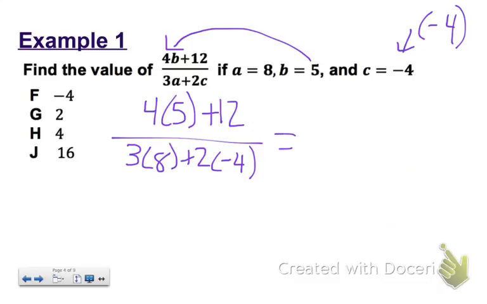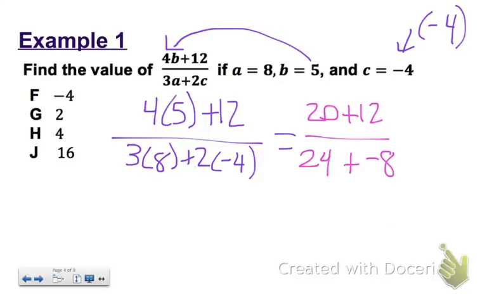Alright, the trick with fractions is that you have to simplify the top and simplify the bottom before you can combine. The first thing that I want to do is multiply before I add. So 4 times 5 is 20, plus 12. 3 times 8 is 24, plus 2 times -4 is -8.